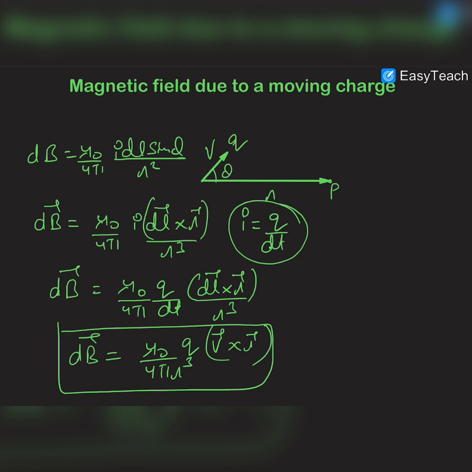So if we find the direction of V cross R, it will be inside the plane. You can rotate the fingers of your right hand starting from V towards R, and you find your thumb pointing inside the plane of the screen. So we can say that the magnetic field at point P is inwards. Okay, so this will be the magnetic field.